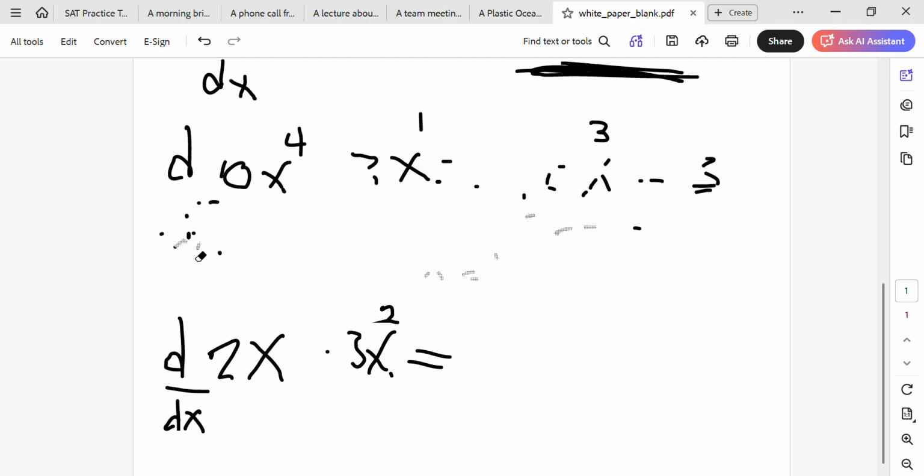So the rule for multiplication, I can write it here above before we solve this function.